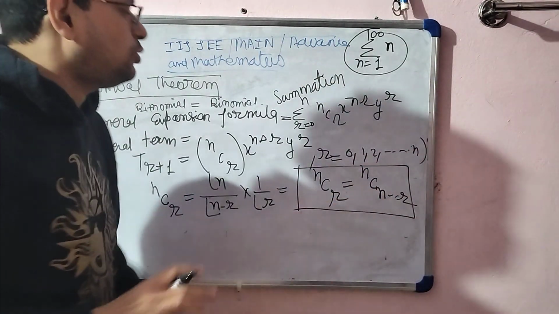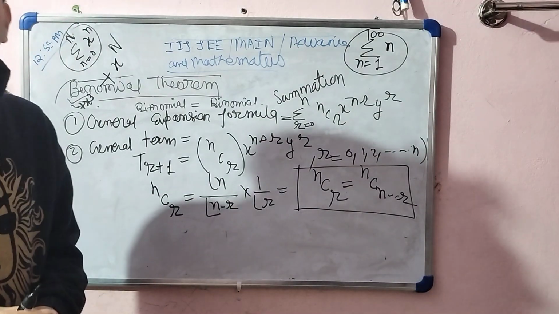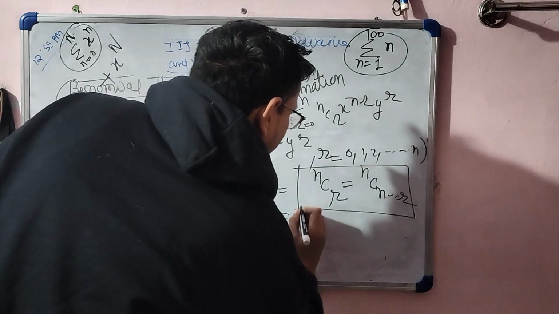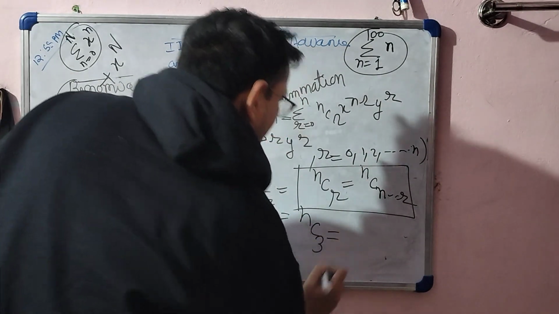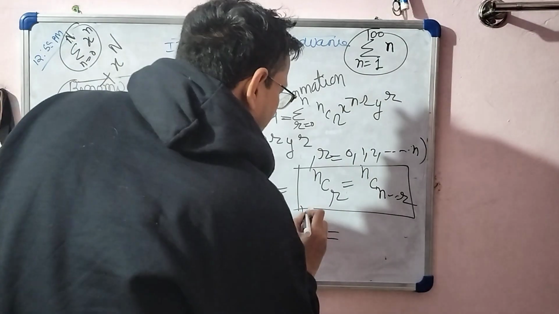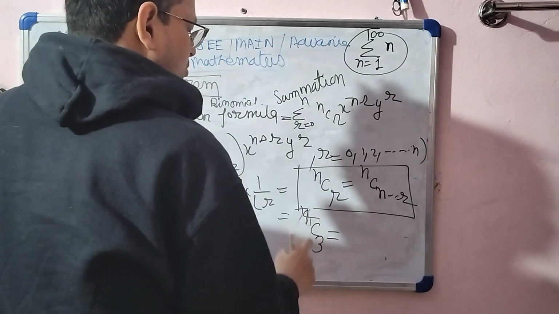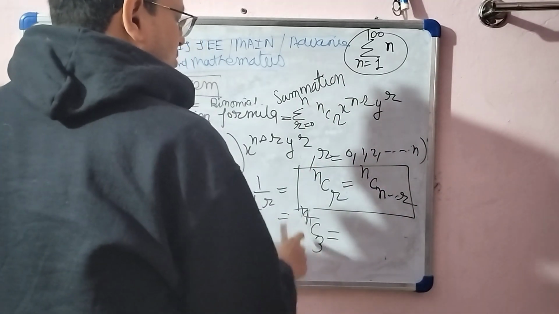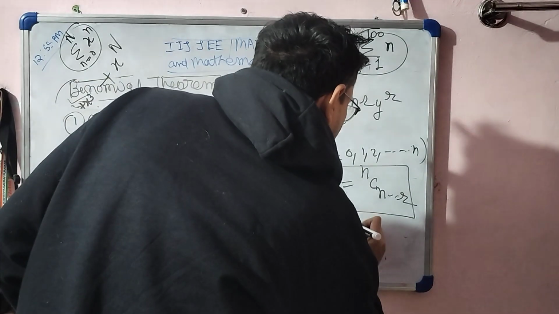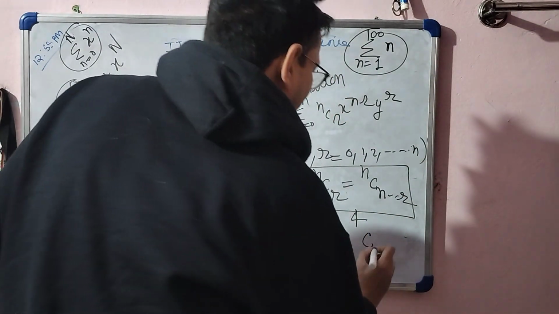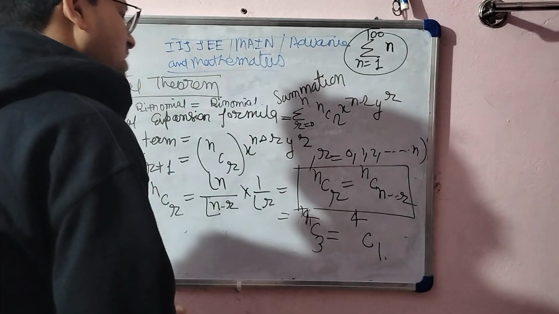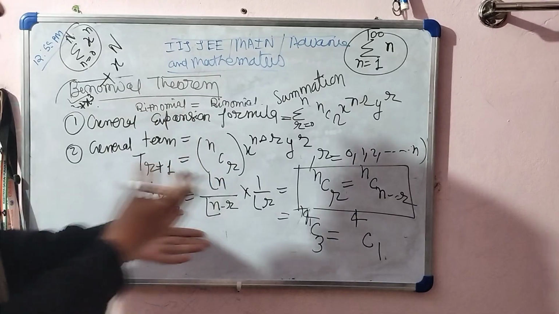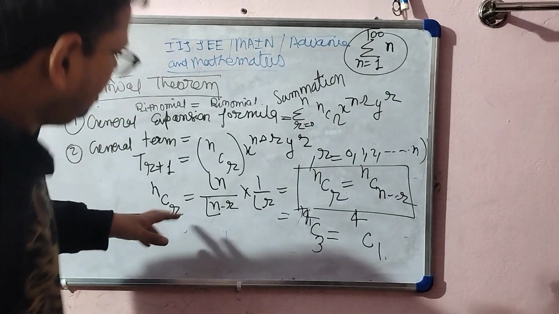For example, 4C3: the n value is 4, the r value is 3. 4C(n minus r) is 4C1, so 4C3 equal to 4C1. We can say this is confirmed.